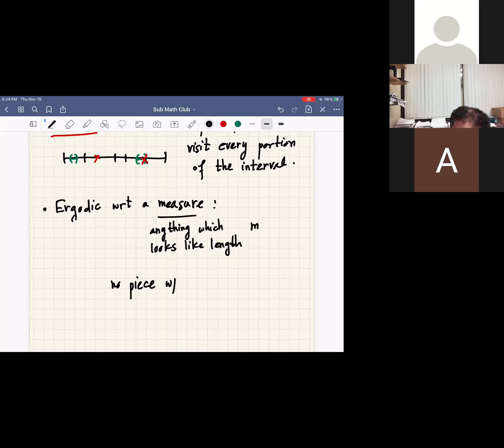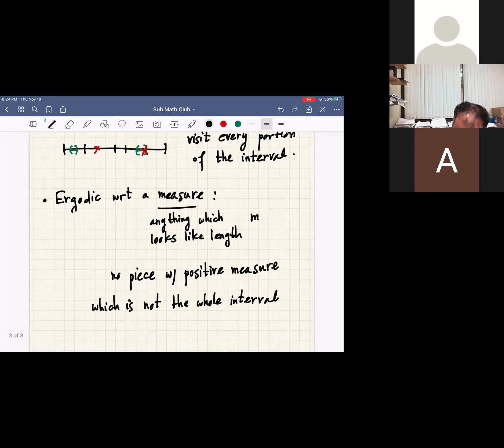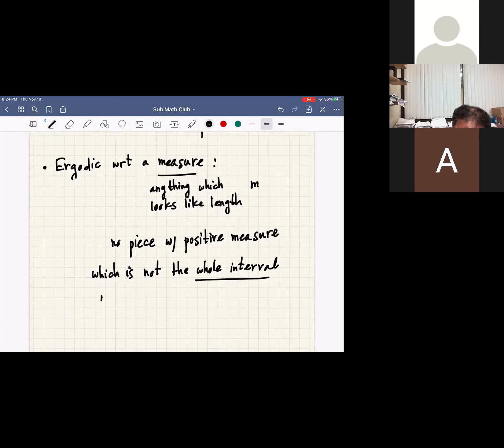So no piece with a positive measure, which is not the whole interval, is invariant. Here is a little bit of a lie.